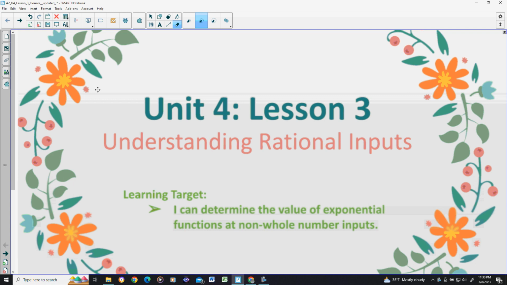All right, so in our previous video, we had taken a look at a bit of a review in exponential functions from earlier in the year. And now we start to ask the question, well, what else do we know about those exponential functions?